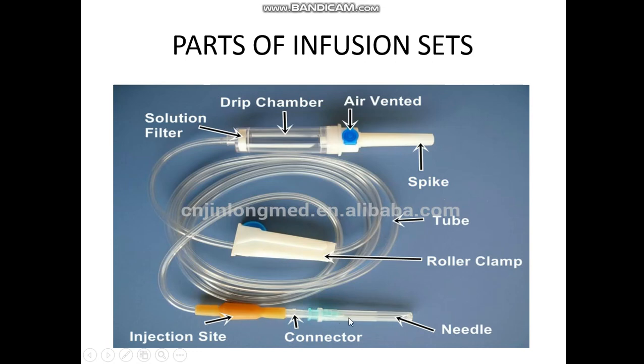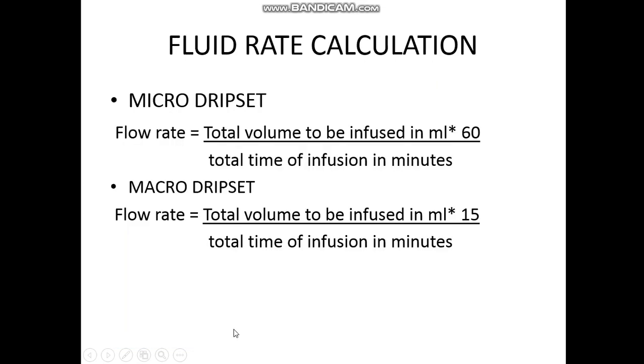And this is the part we connect with the patient; there will be a needle, and this needle has to be removed, and this connector has to be connected with the patient's IV access. And this is the injection site through which we can inject any kind of medication in between the IV infusion time. So these are the important parts of an infusion set.